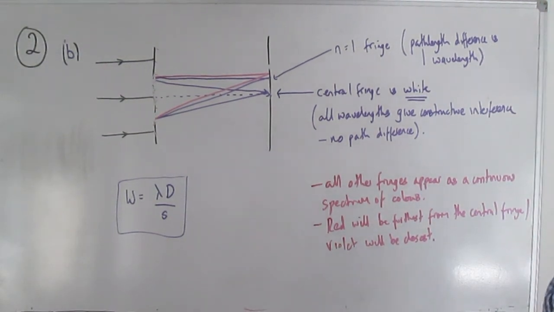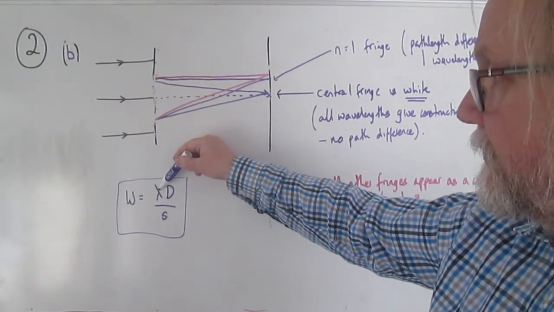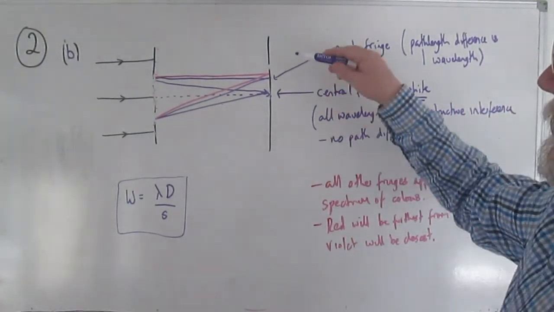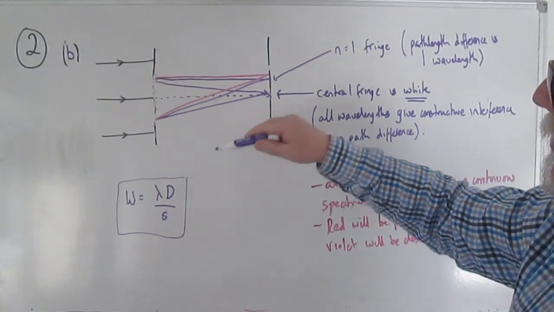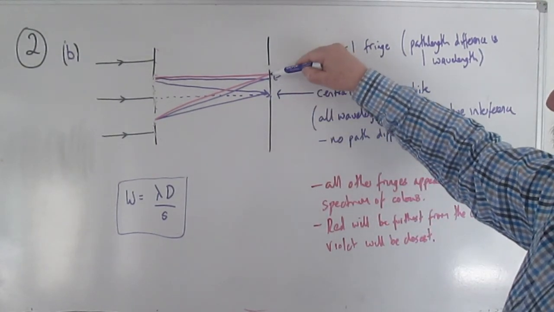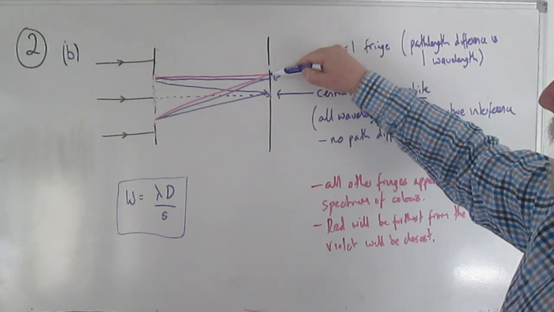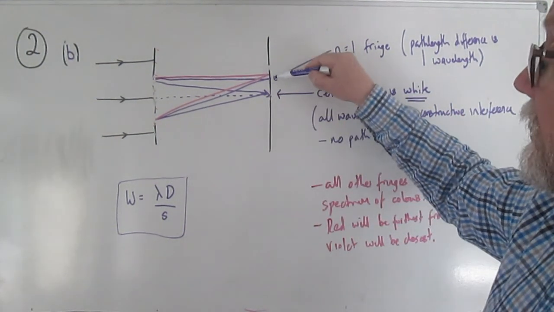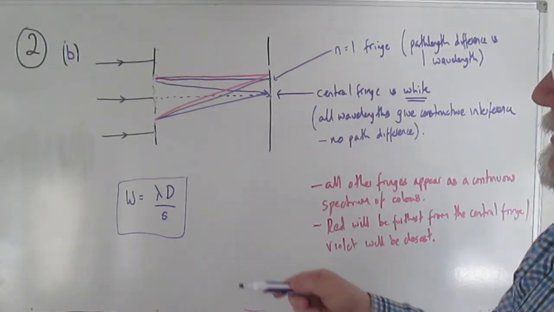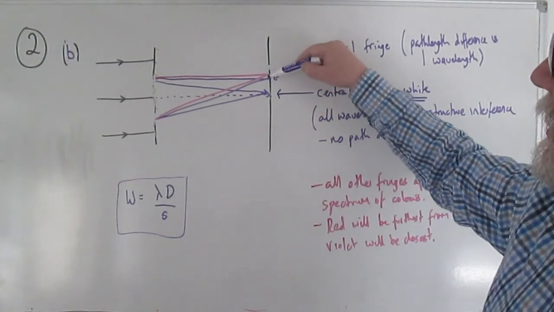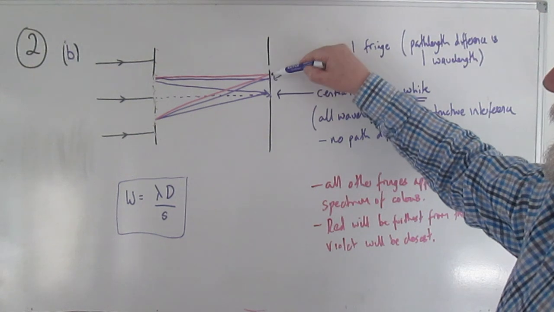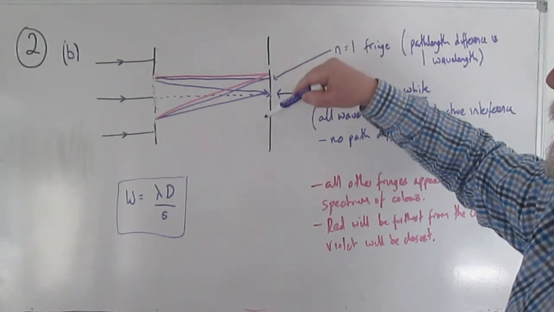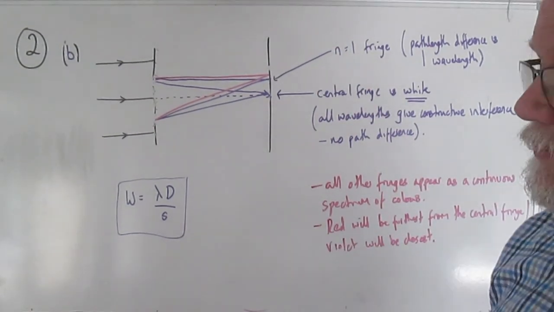So in other words, the longer the wavelength, the more widely the fringes will be separated, and that gives you the same result: because red has a longer wavelength than blue, the bright peak for red will be further from the central fringe than it will be for violet at the other end of the spectrum. So you can get the same result from there, that the red is shifted further away in that first fringe, and indeed in all of the fringes, than the violet would be, just by looking at that equation.